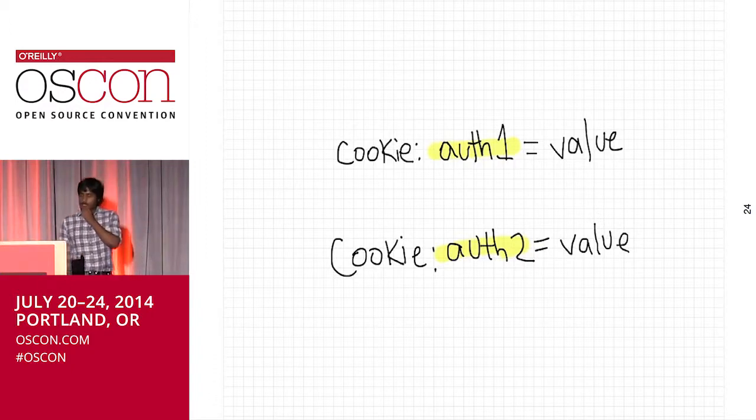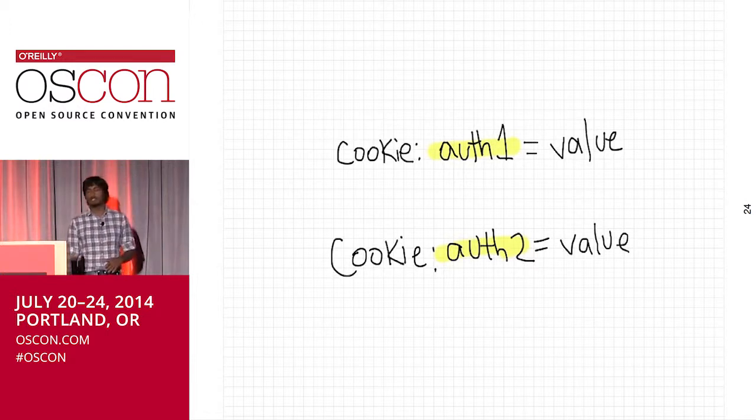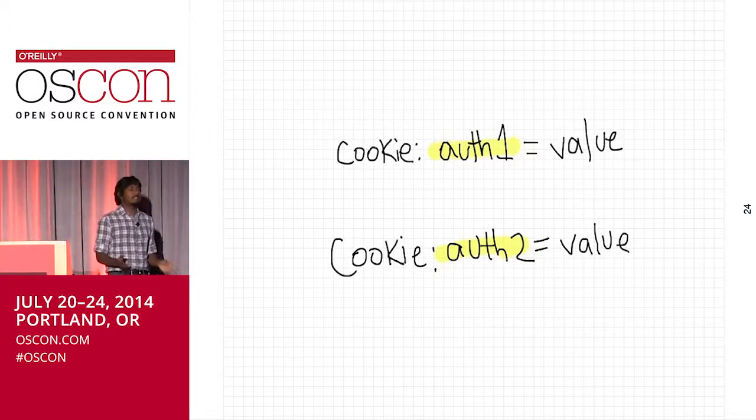And so for our integration tests, what we did was we ran them twice. Once with the user who would get the first cookie, and then again with the user that would get the second cookie, and everything else would be the same. At least that's what we wanted. But the problem here is that we want to make sure that both cookies are propagated correctly to the backend services.